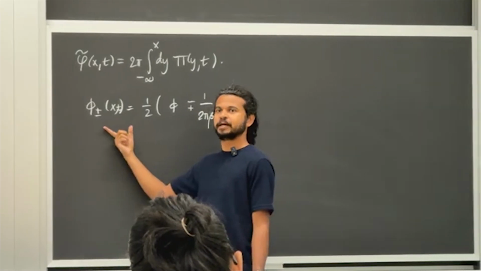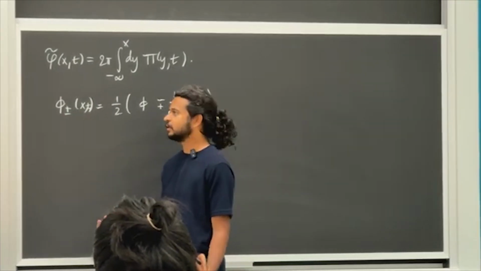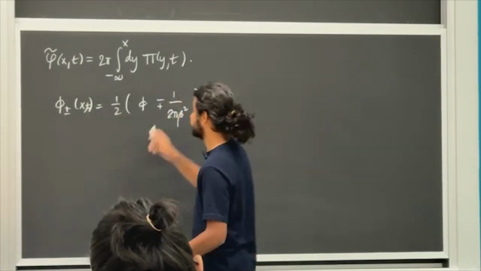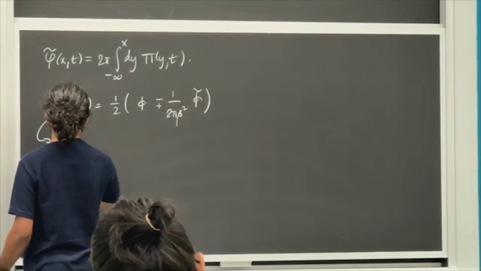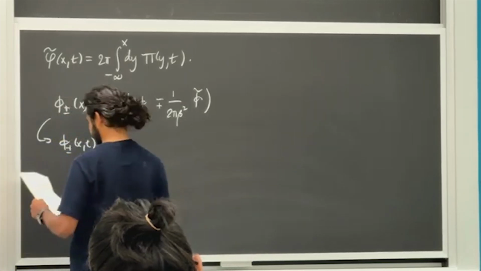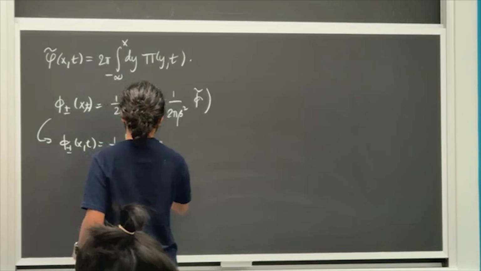Now I've achieved my goal to write down phi plus minus in terms of the field and the canonical momentum pi, which is nothing but phi plus minus xt is half phi xt.